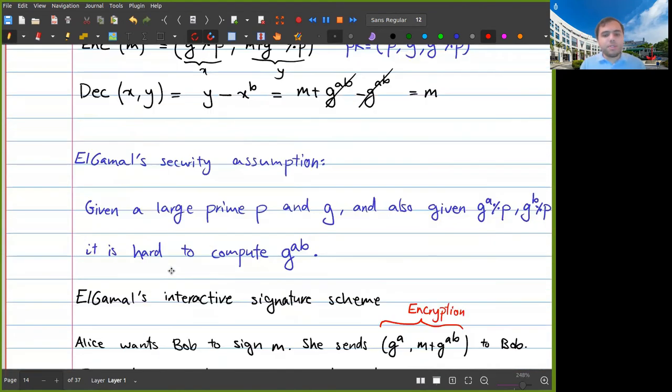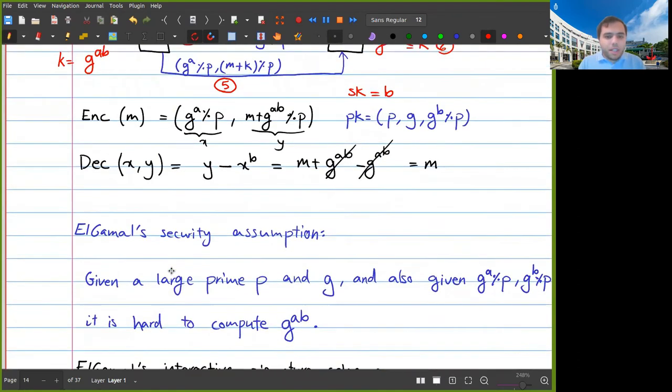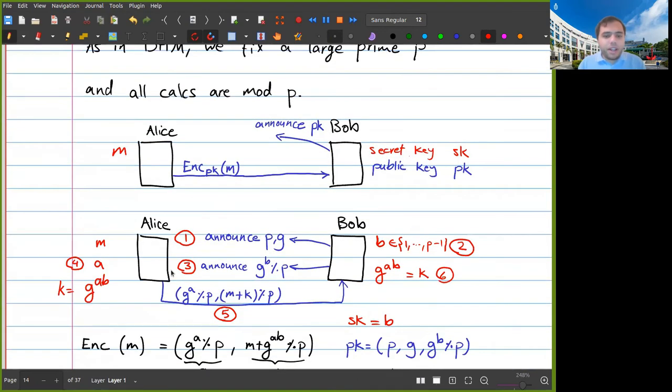So as you see, we have the exact same idea as the one that we had for signatures in RSA. And the idea was that, let's say, encryption is the same as verification of signatures and decryption is the same as actually signing. And this idea led us to something that is probably kind of more useful, because it's now a kind of signature that also has a recipient that can only be used for proving things to Alice.